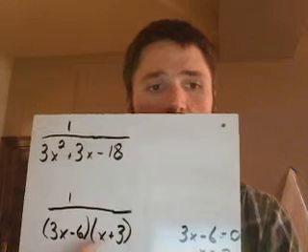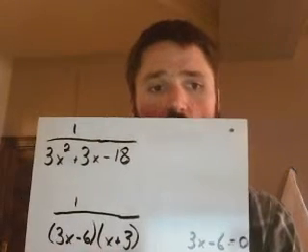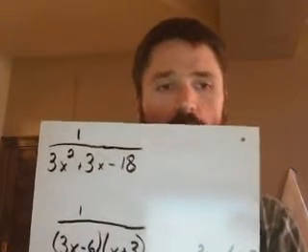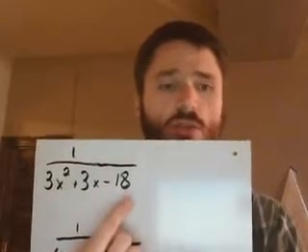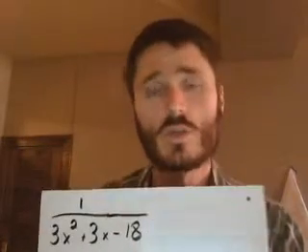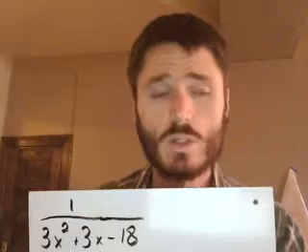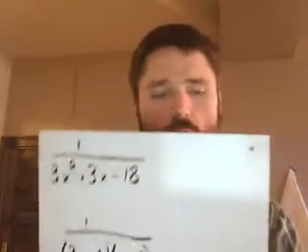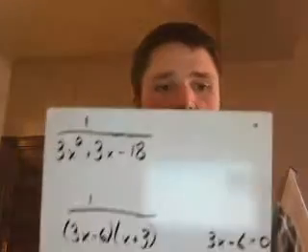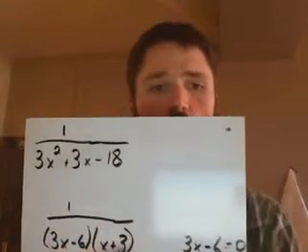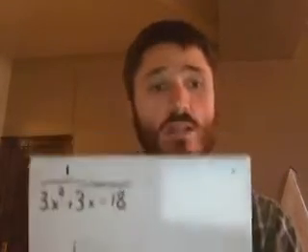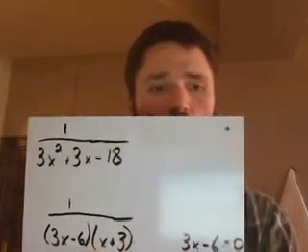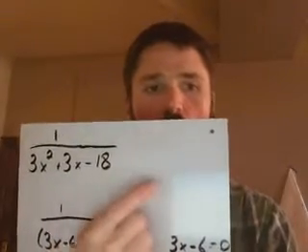I knew that negative 6 times positive 3 gave me negative 18. Of course, there are other factors that give you negative 18, like negative 18 times positive 1, but I just thought, instinctually, that negative 6 and positive 3 would give us what we wanted. So I wrote all those factors down, and then I tested it. I actually applied FOIL in order to make sure that I got this.